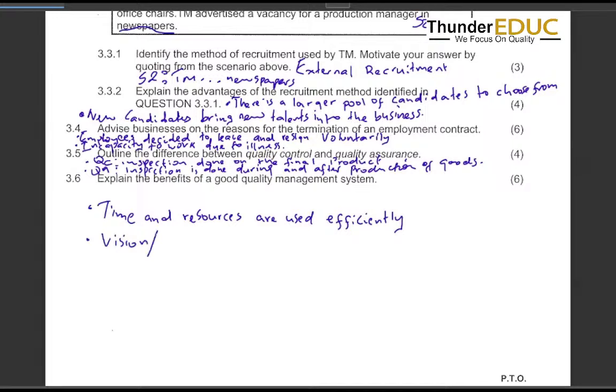So we have vision, mission, business goals may be achieved.